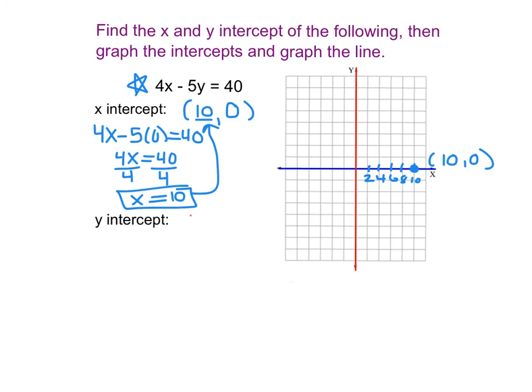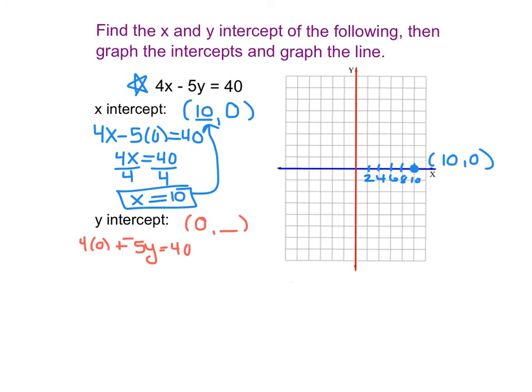So I'm going to start by remembering that this is a point, and what I know about this point is that the x value is always 0, and I need to find y. So what we're going to start with is substituting in 0 for x, so I have 4 times 0 minus 5y is equal to 40. Then here I'm going to utilize keep change change to rewrite my subtraction as plus a negative.